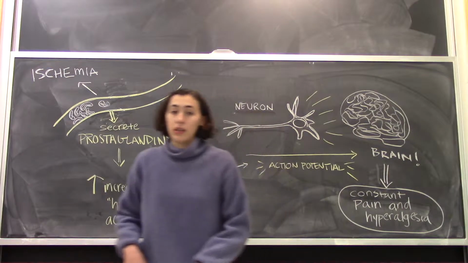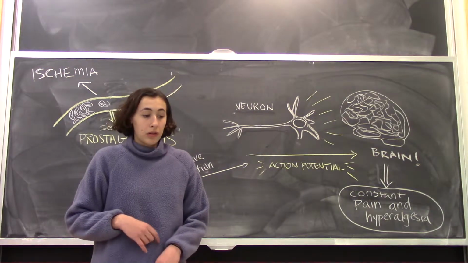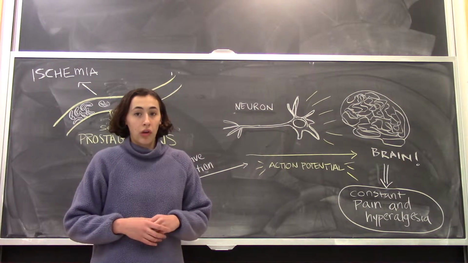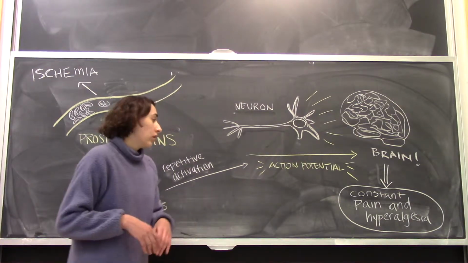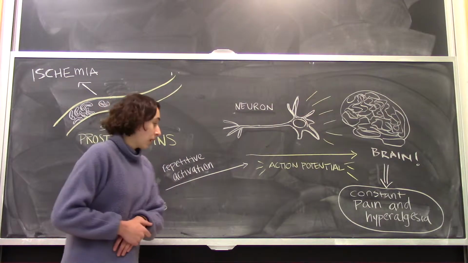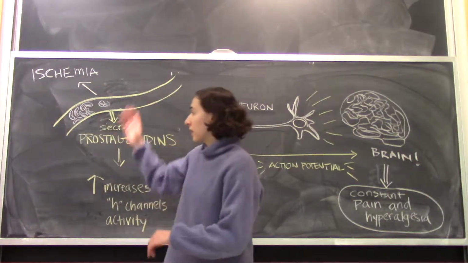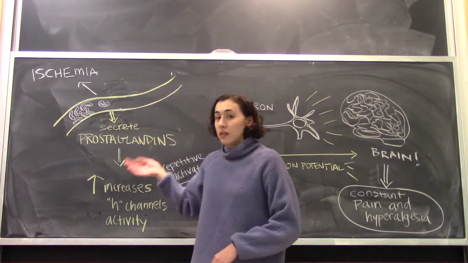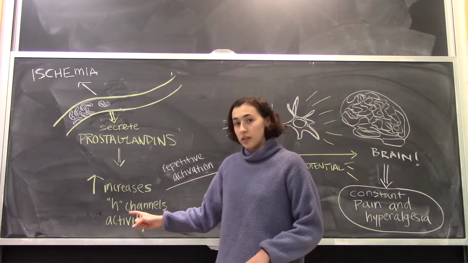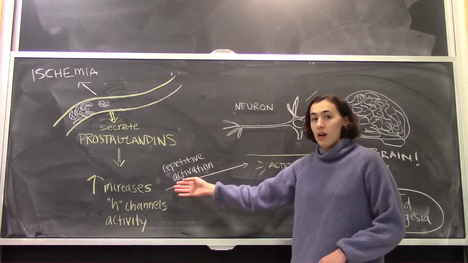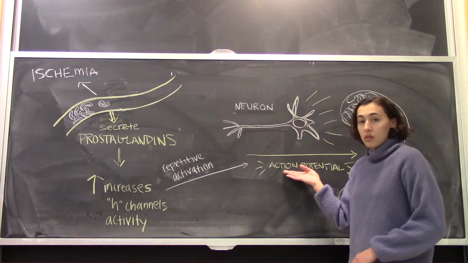The H channel increases the amount of action potential firing and will repetitively induce action potentials. So what we have here is the sickle cell anemia stress, the secretion of prostaglandins, and the increase in H channel activity, which will then cause the repetitive activation of action potentials.